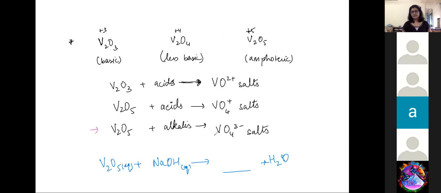From here we can see that when V2O5 reacts with alkalis, the oxoanion in the salt is the VO4 3 minus ion. Now this is going to bond with the cation that you get from the alkali. So here the alkali is NaOH, right? So what will the cation be? Na, right? So what is the compound formed between VO4 3 minus and Na plus?